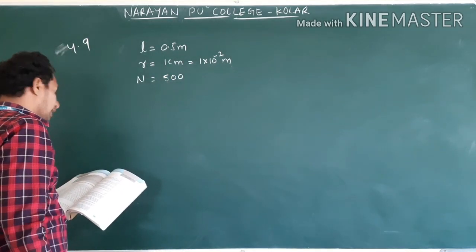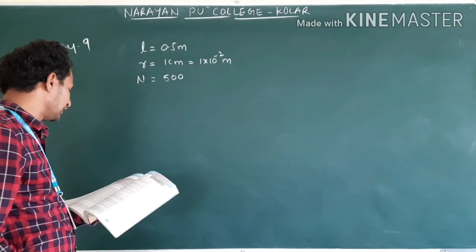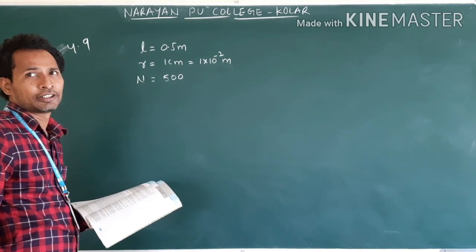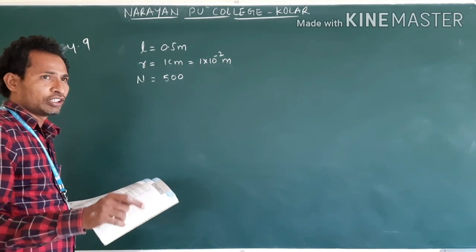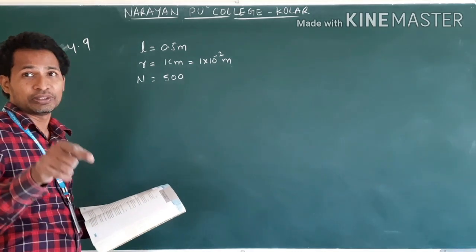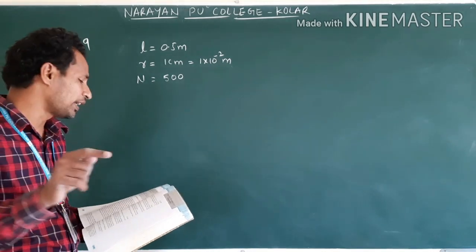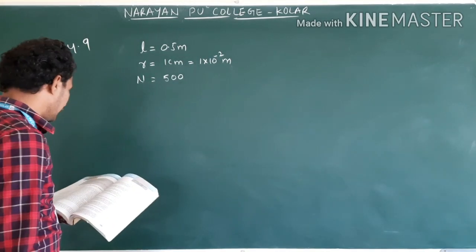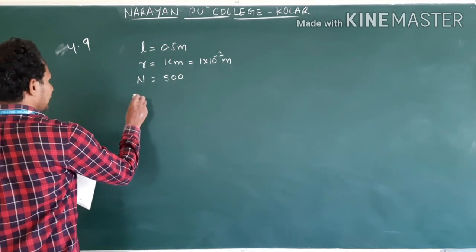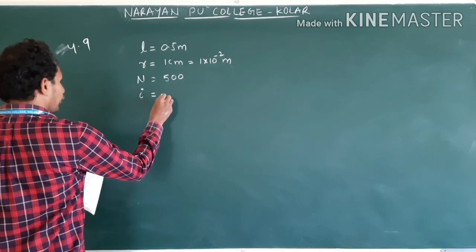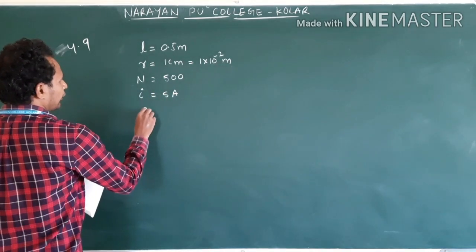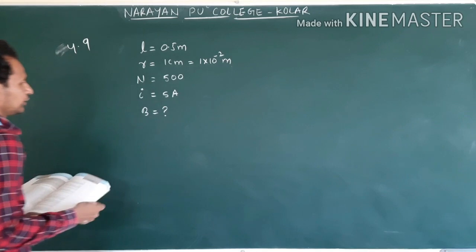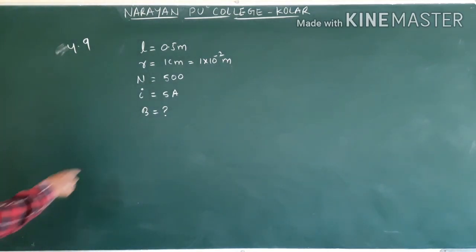Clear? If they mention number of turns, you take it capital N. If the question says number of turns per unit length, then you take it small n. Understand? So read the question carefully. Next, it carries a current I is equal to 5 ampere.